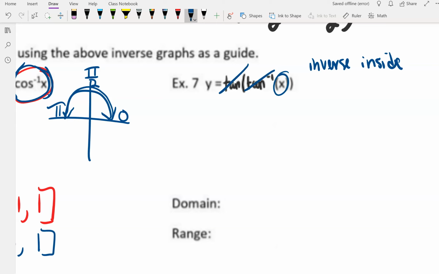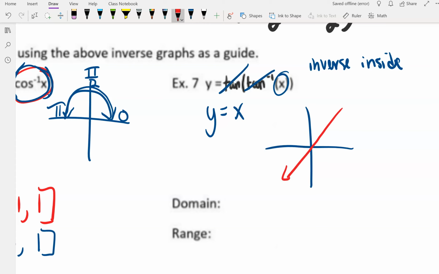It doesn't matter what this value is. So all that's left is y equals x, which, if you remember, is just a line that goes through the origin. The domain of a line is all real numbers, so -infinity to +infinity. And the range is also all real numbers, -infinity to +infinity.